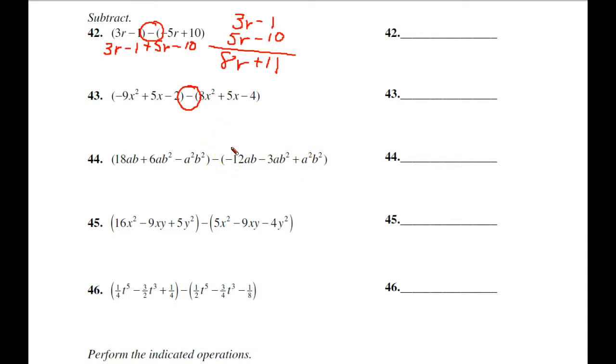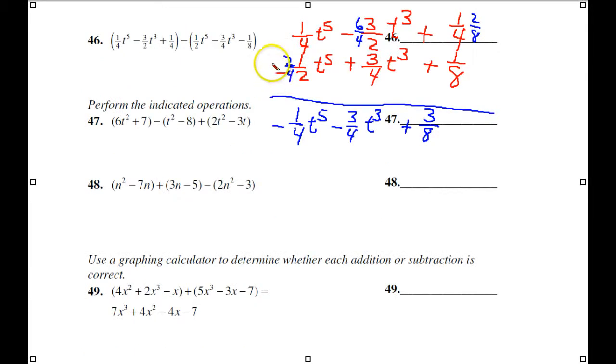Okay, let me do number 46 for you. This just made it a little tedious, but hopefully we develop a technique. Here, we're lining them up in like term columns, but since this was subtraction, I had to change this sign, making it a negative 1/2, this a positive 3/4, and this a positive 1/8.